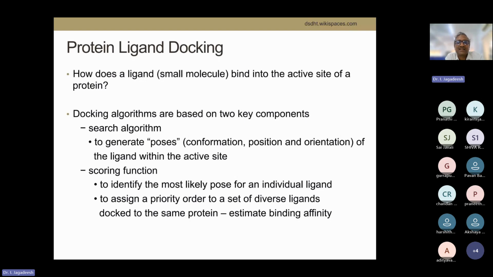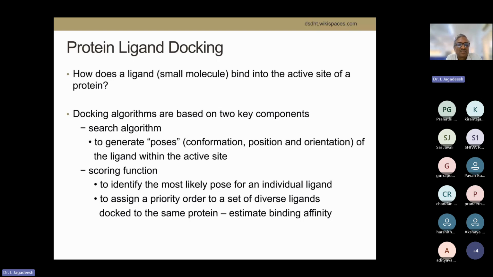So docking algorithms are based on two components. One is a search algorithm, another is a scoring function. In docking, first we have to do the search algorithm. The search algorithm generates the multiple poses and conformations, positions and orientations of the ligand within the active site, and sees how many conformations and orientations are going to interact in the pocket.